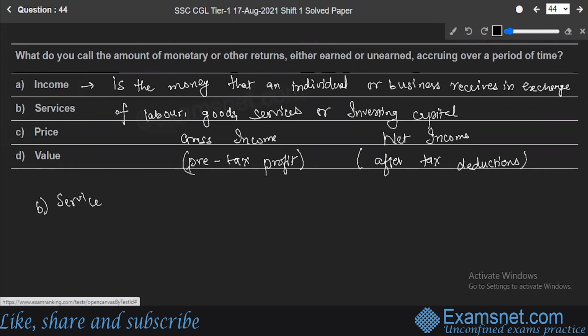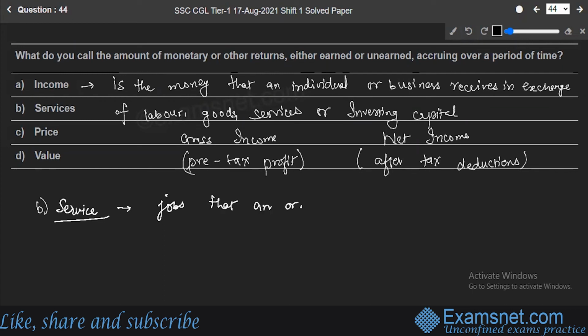If I'm looking at the word service, services are the jobs that an organization does in exchange. Suppose you have purchased an electric geyser from some company, and the services they provide if you have purchased those equipments from them. So these are the services received in favor of purchasing goods from an organization or a company.